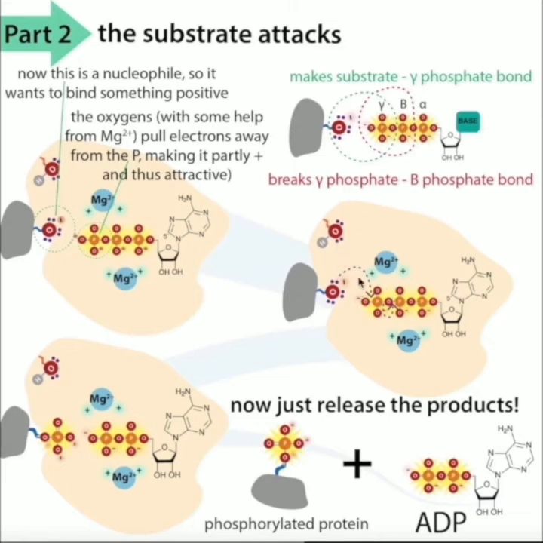There's a little bit of a reshuffling that happens, because you attack that end phosphorus, but then it has too many bonds, so it breaks off with the phosphate group next to it. You can see that you have an oxygen attacking this phosphorus.